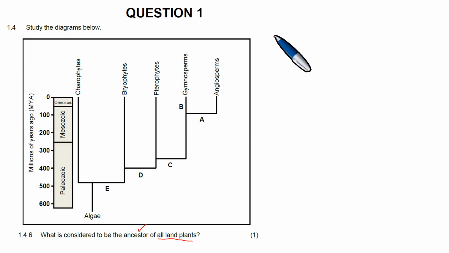Right, so the answer to 1.4.6, the ancestor. Why do I discuss these? I'm obviously testing the waters to see how familiar you are with some of the biological concepts in life sciences. Right, the algae is the ancestor of all land plants.